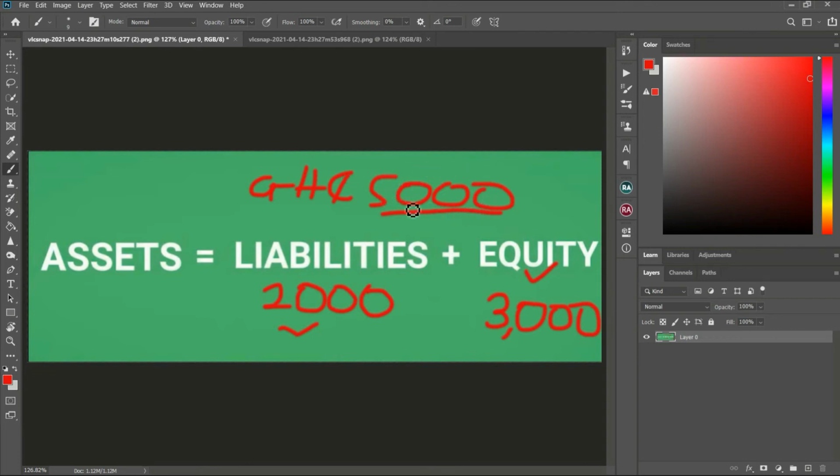You have employed people, they are working, they are bringing in money. That salon business becomes your asset. What makes up that asset is your 3,000 cedis plus the 2,000 you took from friends and family.